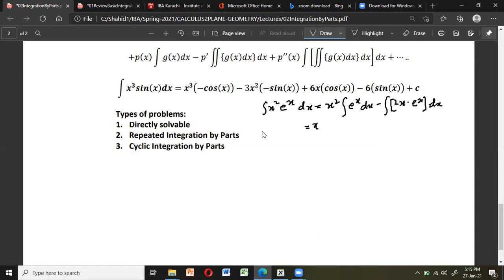Now I have x squared e power x minus 2 times integral x e power x. That means the work is not yet complete. I have to apply integration by parts again. That is what I mean by repeated integration by parts.